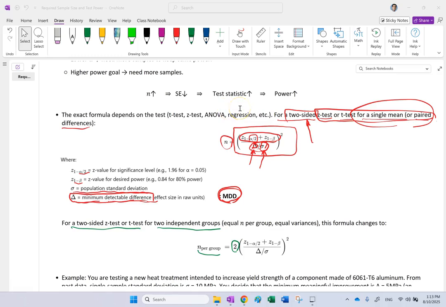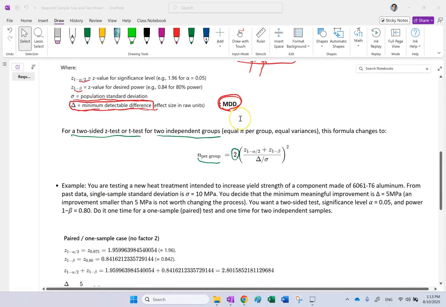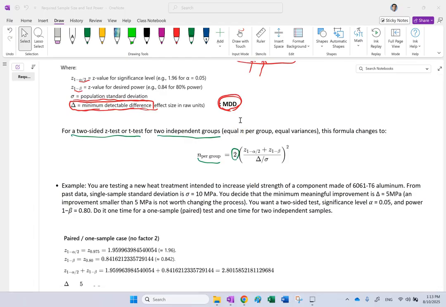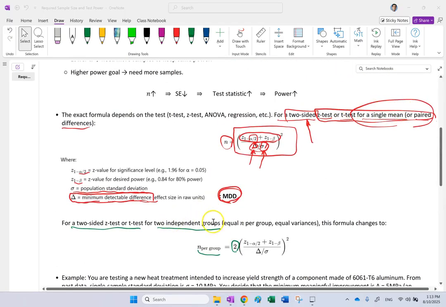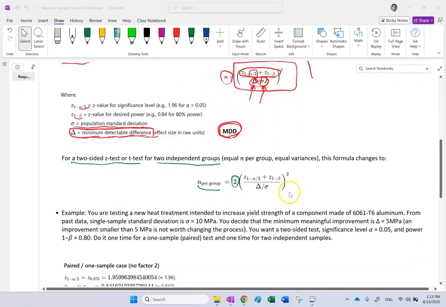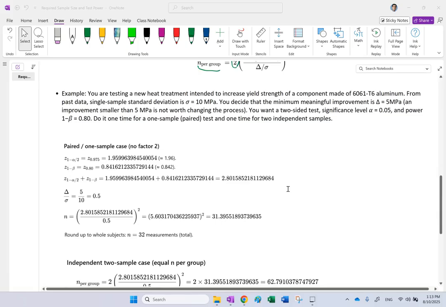So now that we know, based on the single mean or two independent groups, what kind of formula to use, let's look at one example together.